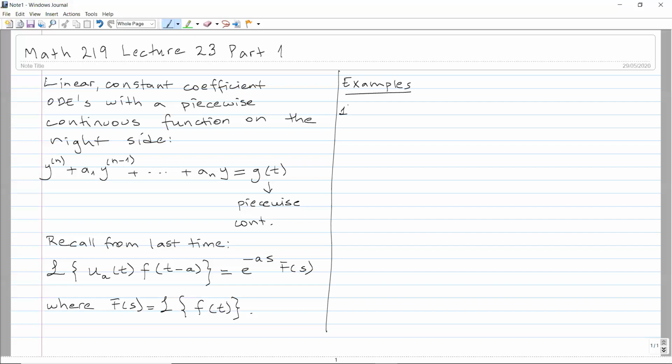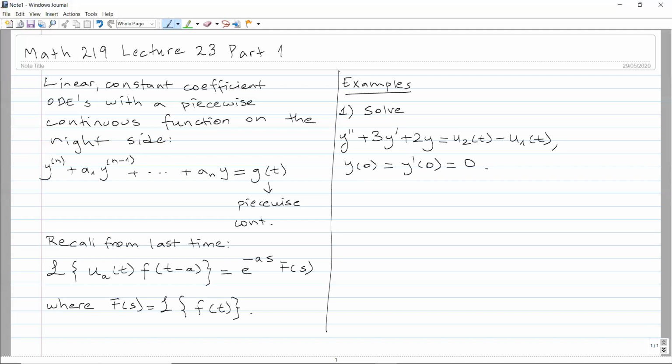So the first example is to solve the initial value problem: the second derivative of y plus 3 times the first derivative of y plus 2y equal to u2(t) minus u1(t), and the initial conditions y(0) and y'(0) are both equal to 0.